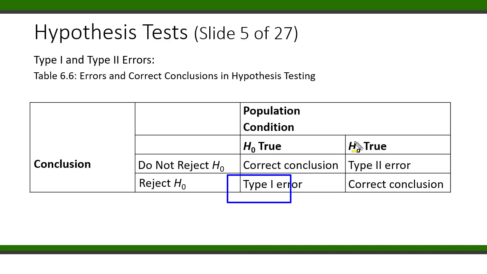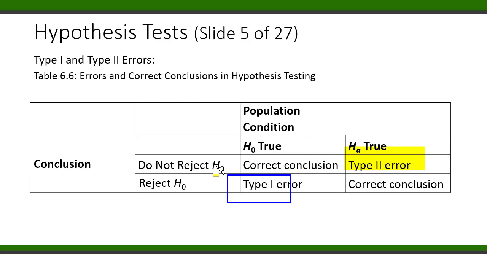The other type is the type 2 error. The type 2 error means that we've selected the conclusion that we've gone with H0 when it's false. So we've accepted H0, but we should have rejected it.